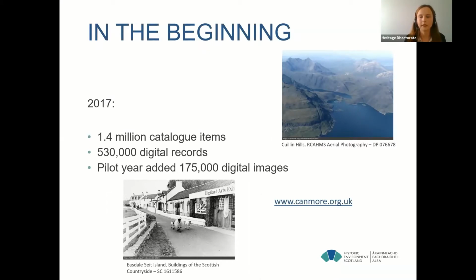That pilot year added a further 175,000 digital images, which were made available online for public consultation. Among those collections were the area photography and buildings of the Scottish countryside collections, which I've used here as an example on the slides. The success of the pilot year led to the continuation of investment, and the digital projects were established to carry on this work until 2021.